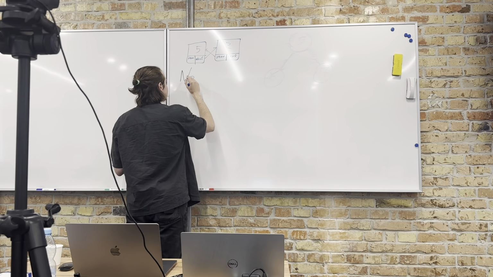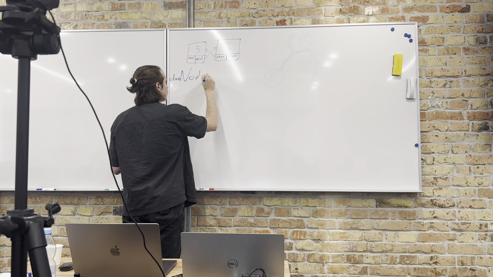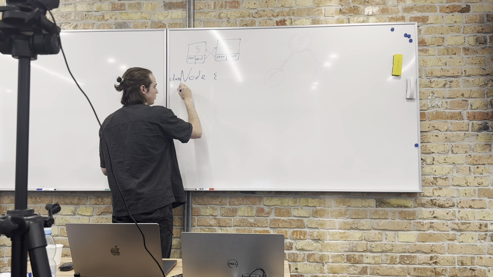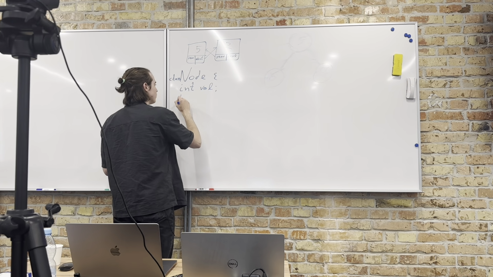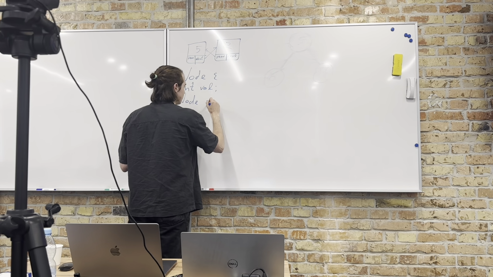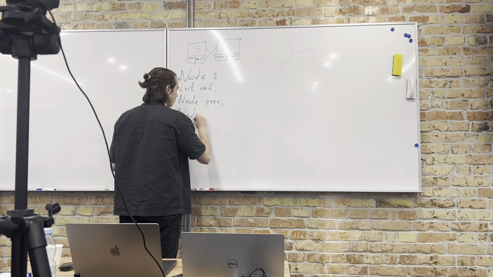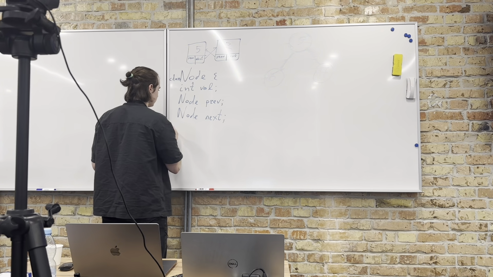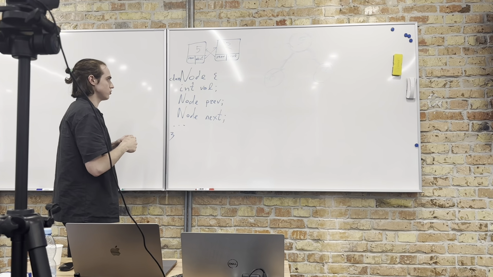We have class Node, and we have, for example, int value, and we have a pointer to the previous element, a pointer to the next element, and some methods to work with this node.